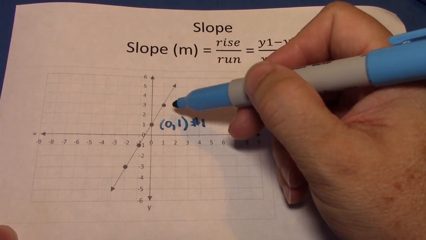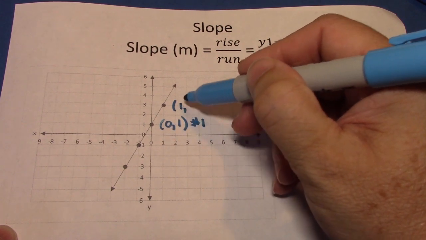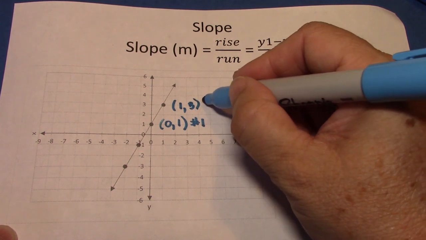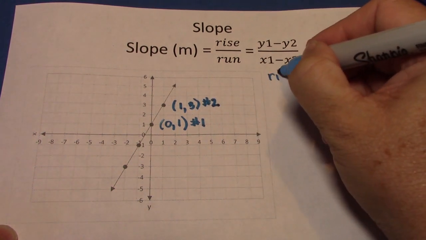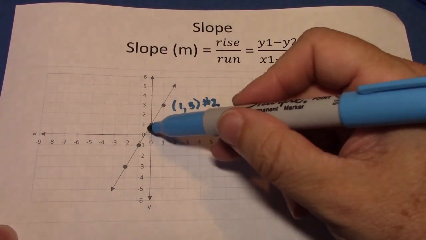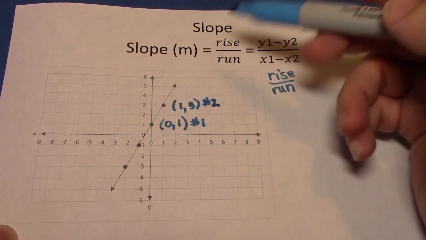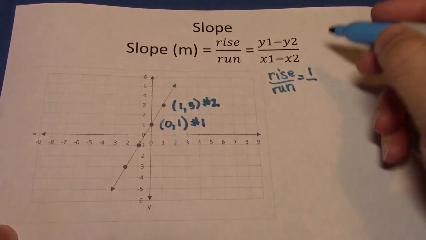And then look at this point. It's where x equals 1 and y equals 3. Let's call that point number 2. If we look at the rise over run, starting at point 1 and going to 2, that means we rise 2 grid lines and we run 1.